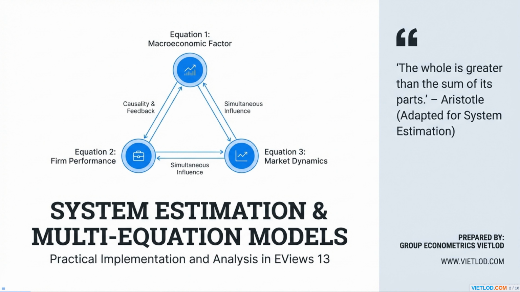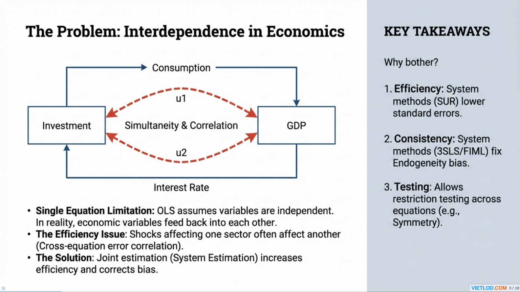So why can't we just use our standard single equation methods? Let's delve into the fundamental problem that system estimation solves. The slide illustrates the fundamental problem of interdependence in economics, where variables like investment and GDP are interconnected, influenced by factors such as consumption and interest rates.